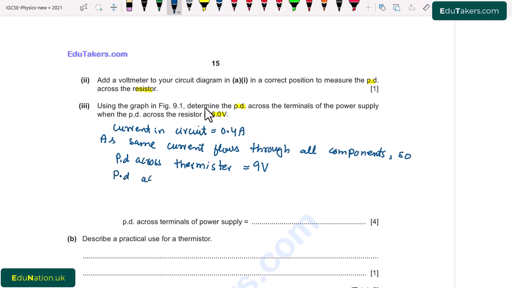The potential difference across filament lamp will be equal to 3 volt.